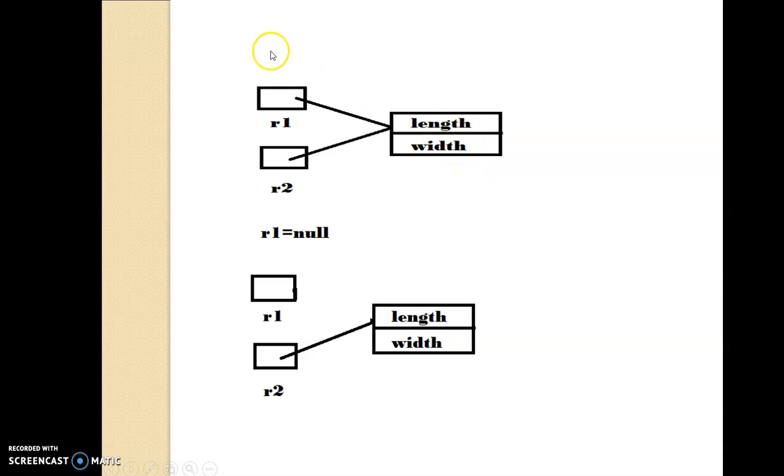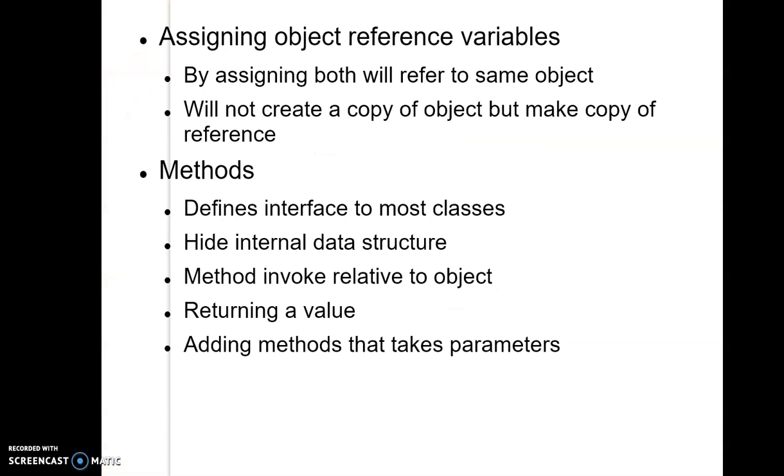So on the first line, r1 equal to r2. r1 was first pointing to this particular object, now r2 is also going to point to that object. On the second line, if I say that r1 is equal to null, now the r1 reference value becomes null, which means it is not pointing to any object, but still r2 is pointing to the object.